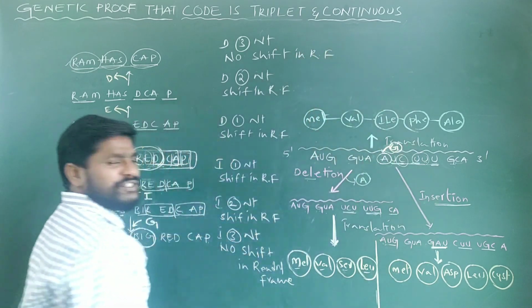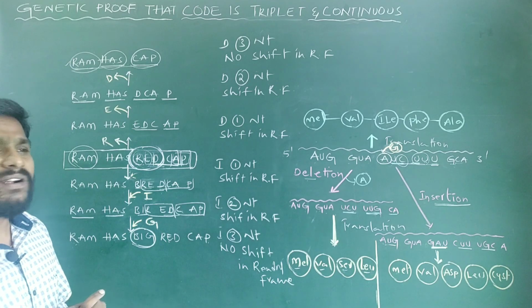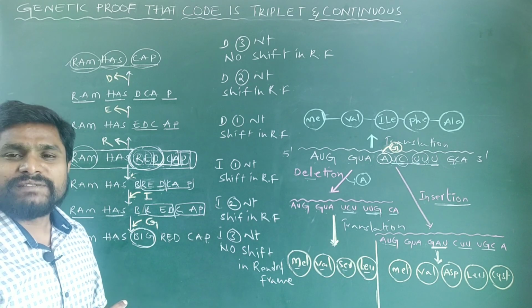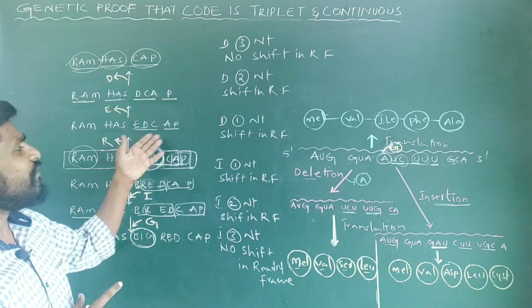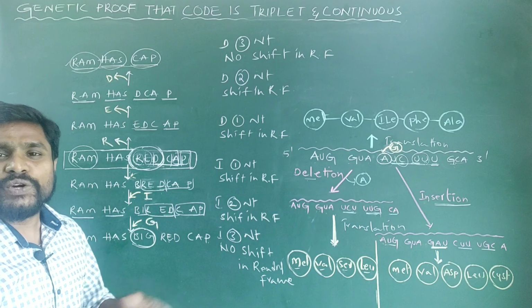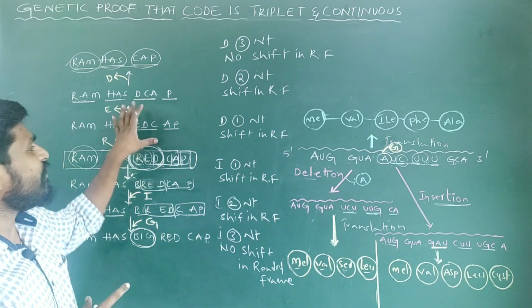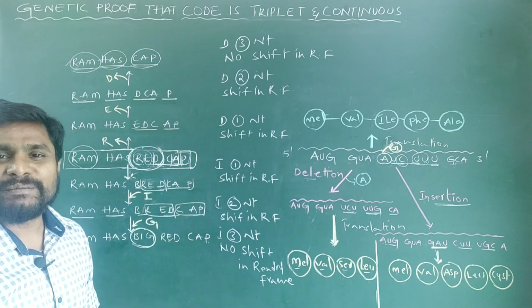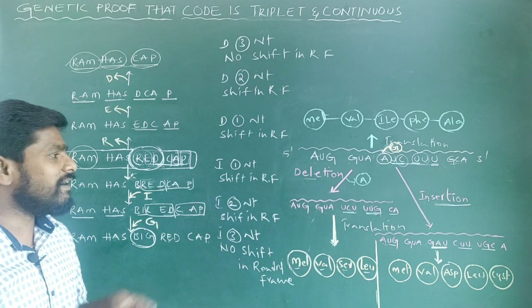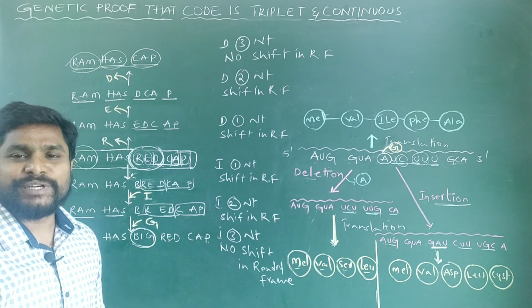This deletional frame shift mutation also concludes that the code is a triplet and the code is continuous. If the code is not triplet, we could not find a shift in reading frame in the first two cases. If the code is not continuous, we could not find a shift in reading frame in the first two cases of this deletional and insertional frame shift mutations.